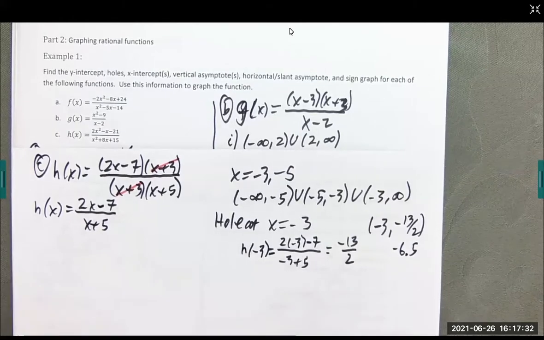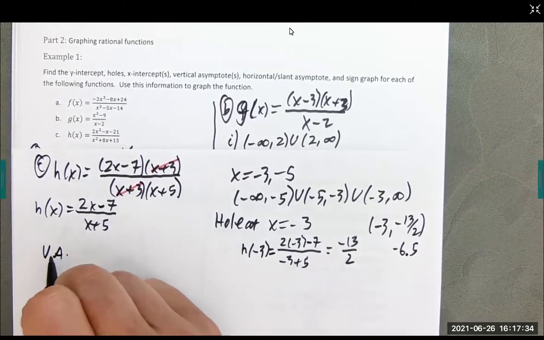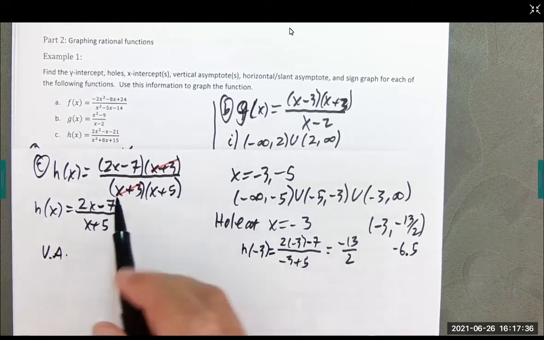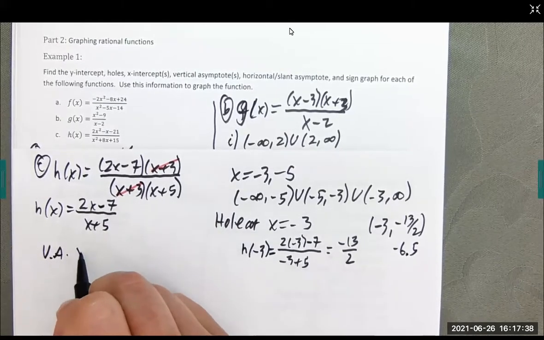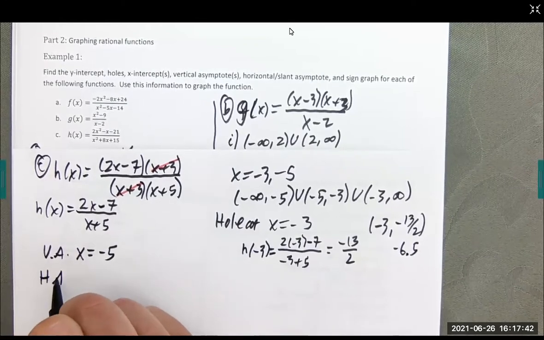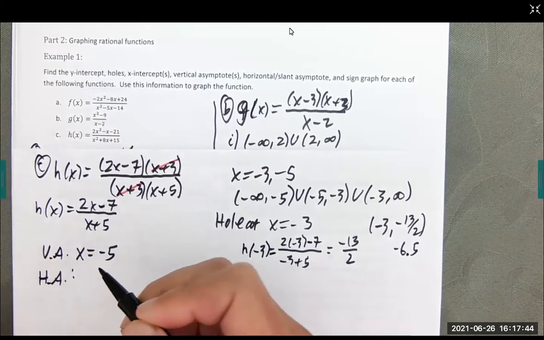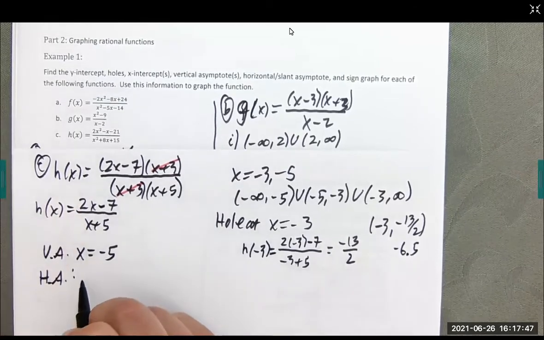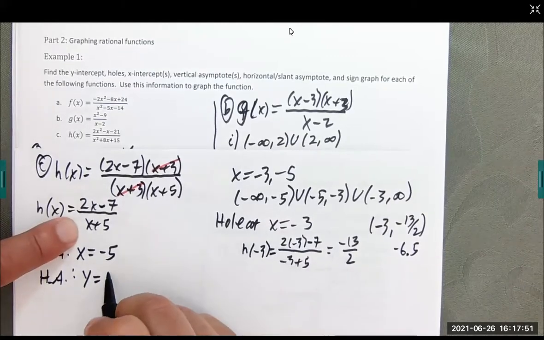All right, let's talk asymptotes here. Vertical asymptotes. We do not have one at x plus 3, but we have one at x equals -5. Horizontal asymptote. Again, the degrees are the same. So we're going to have a horizontal asymptote at y equals 2 over 1, which is 2.